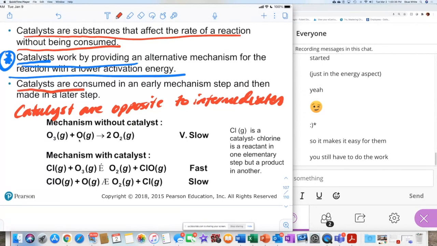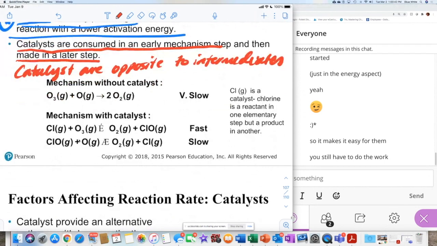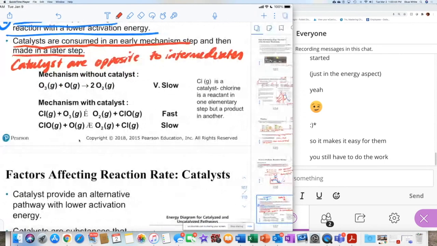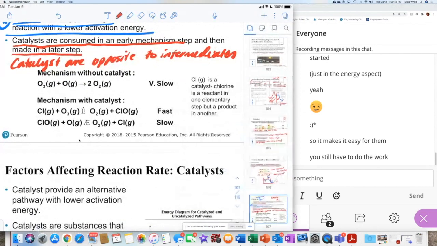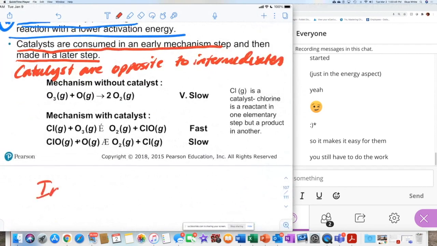So catalysts are consumed in an early mechanism step, then they are made later. Let me try to break this down. How are intermediates different from catalysts? So say here, intermediate versus catalyst. Okay.